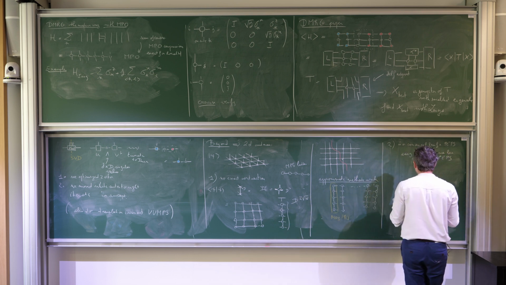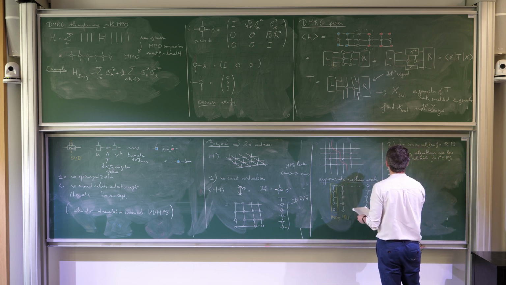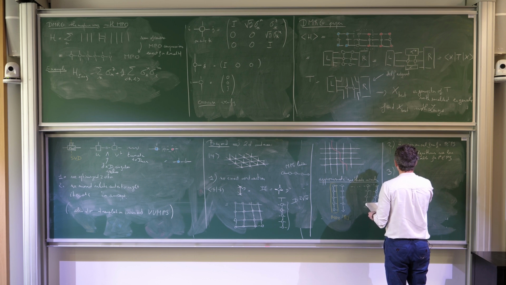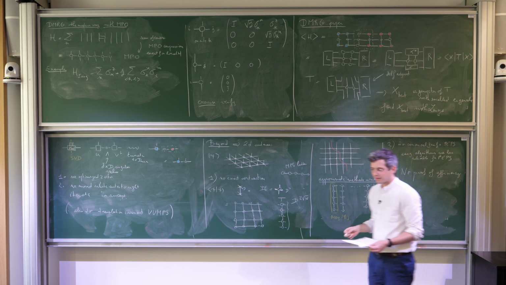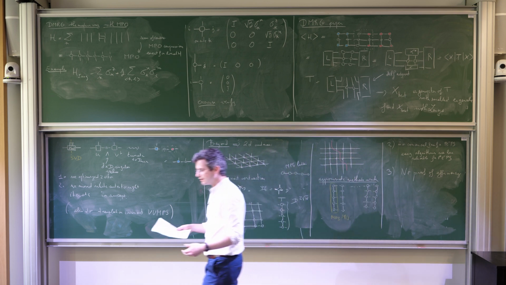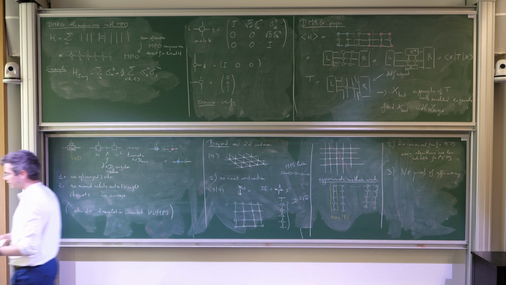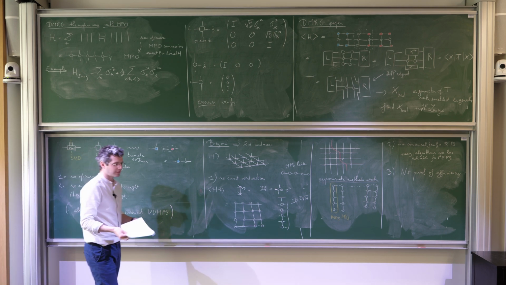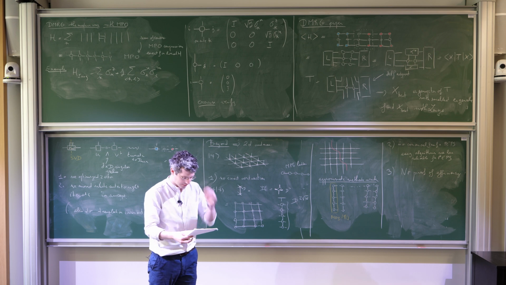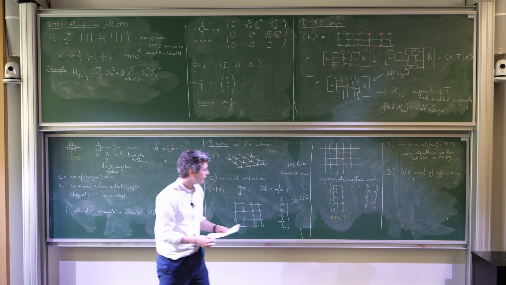So like TDVP stuff, full things where you don't just work locally, but approximate efficiently the full environment. And finally, the biggest theoretical problem, in a way, is that there is no proof that it works, no proof of efficiency. There is no proof that PEPs work, the kind of rigorous results we saw by Cirac, Verstraete, Hastings, they don't exist for PEPs.